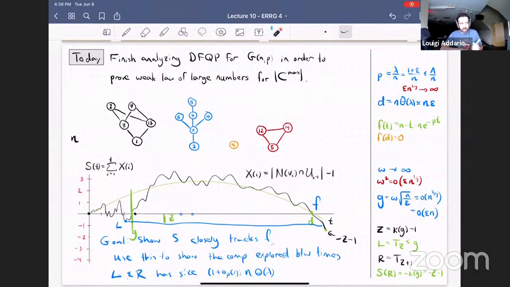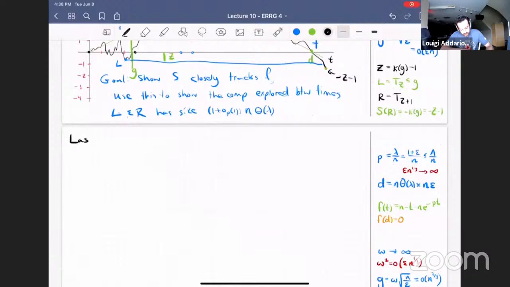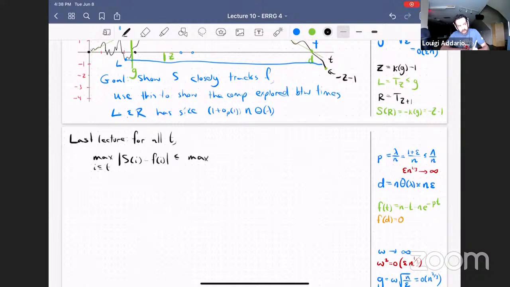That's the picture of where we're at. And now last lecture, we already showed bounds on how closely S tracks F. Let me remind you of those. Last lecture, we saw that for all t, the difference between S and F up to time t was stochastically bounded by the sum of two errors.